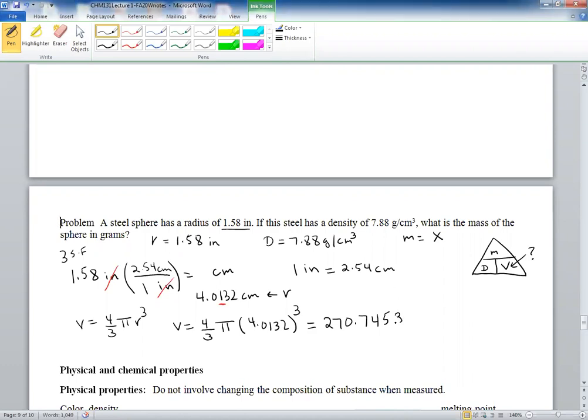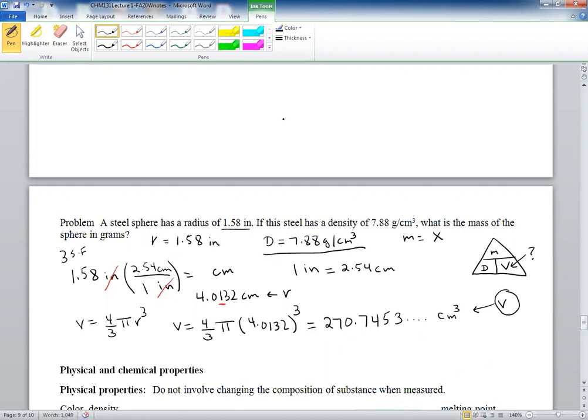We're going to stop there. You can copy as many digits as you need, or if you have a calculator, just copy this whole number and use it for the next step. So this is going to be in cubic centimeters. So now what we have here is our volume, and the density is right here.